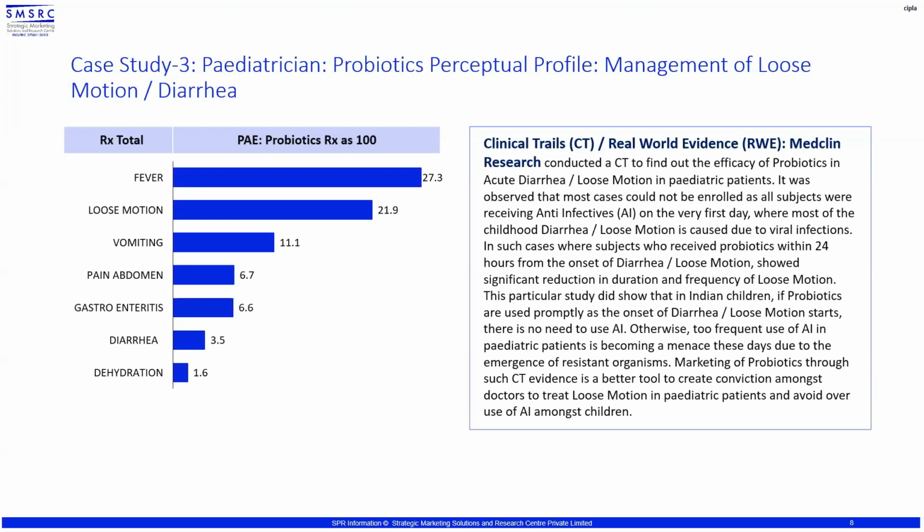What I'm trying to say is, once they did this study of probiotics usage in loose motion and diarrhea, they found that in most cases the subjects were receiving antibiotics on the very first day, without even finding out whether this particular case is a dysentery that requires anti-infectives, whereas most childhood diarrhea and loose motion is caused by viral infections and not bacterial infections.